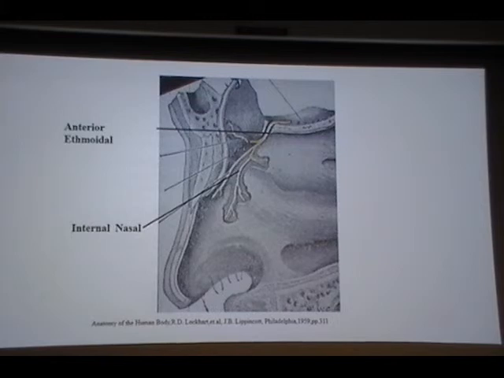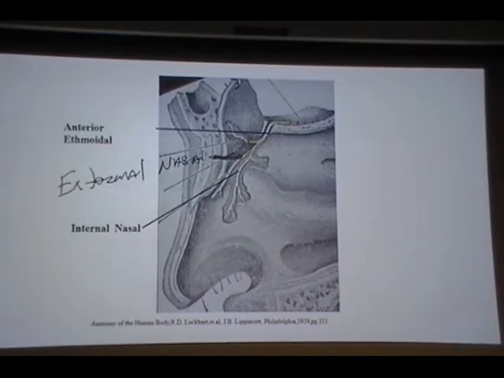Okay, here is the anterior ethmoidal. This will typically have a branch that goes through the nasal bones, and this is the external nasal. Okay, that comes off of this anterior ethmoidal, which is giving rise to these internal nasal branches.